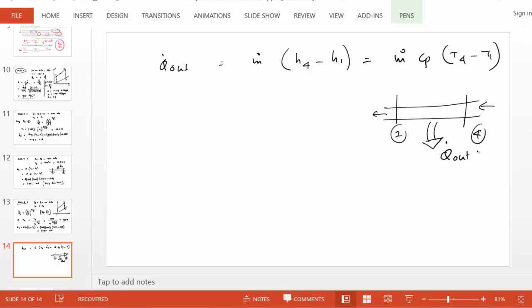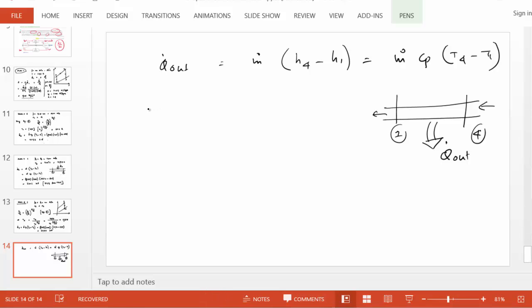So m dot h4 is how much energy is entering, transported by this mass, and m dot h1 is how much energy is coming out. The difference must be coming out as Q dot out, heat transfer, because there is no other energy transfer in this heat exchanger.